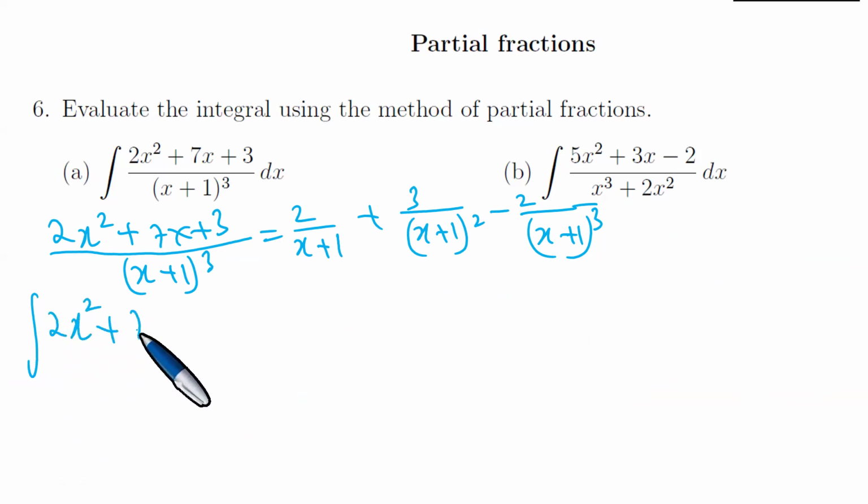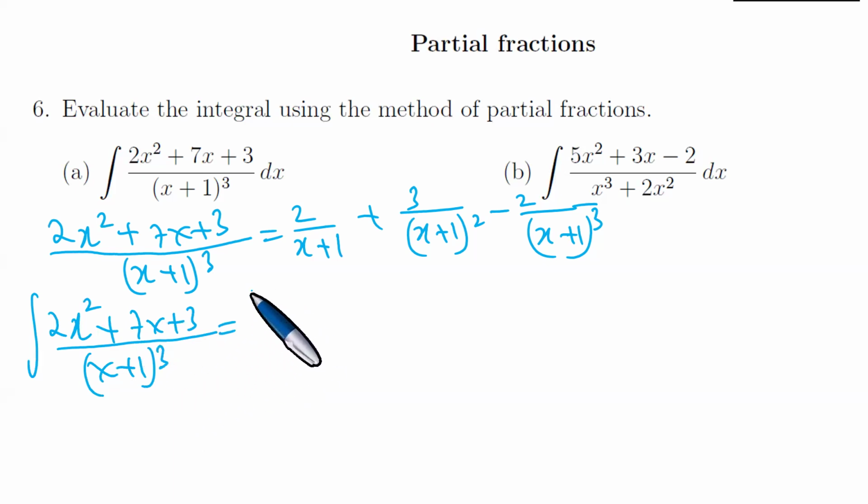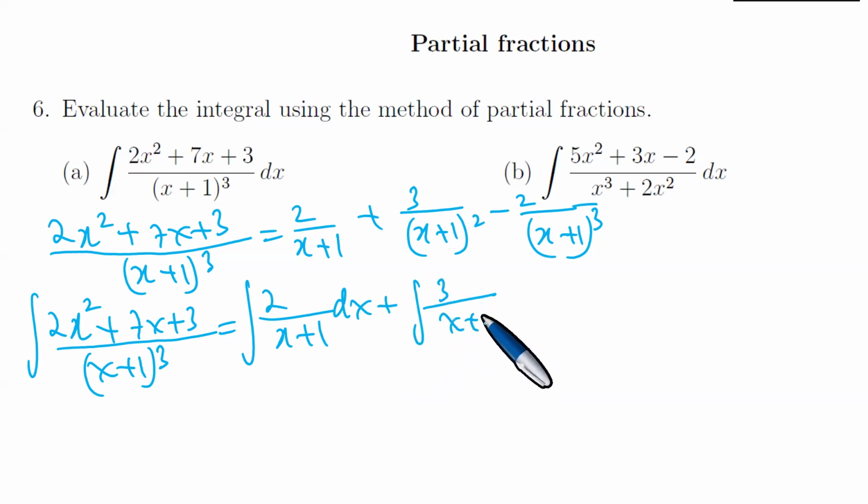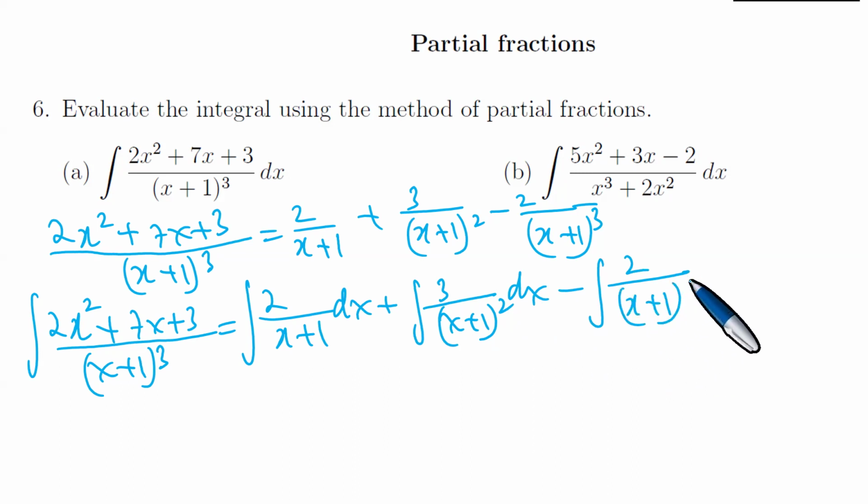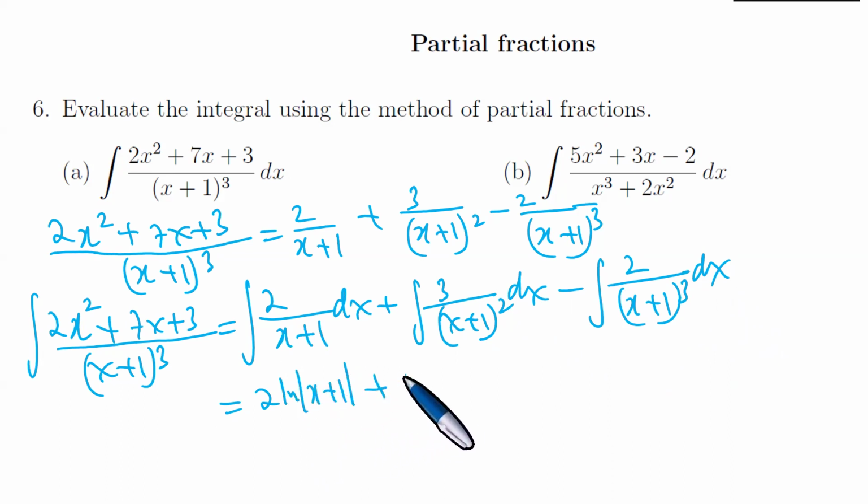We have the integral of 2 over x plus 1 dx, and then minus the integral of 2 over x plus 1 cubed dx. The derivative of x plus 1 is 1, and therefore this becomes the ln of that.